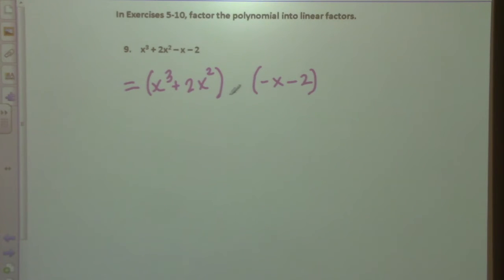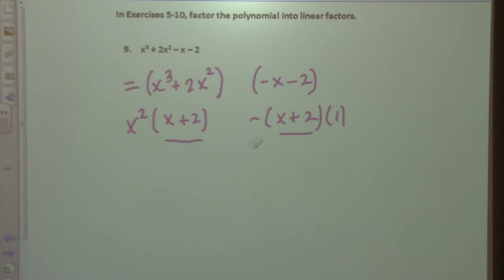Well, here you have a negative sign, and here you have x squared. So you have x squared times x plus 2, right? And here you have a negative sign times x plus 2. What do you notice here? Do you notice a common factor between these two? Yes, you do.